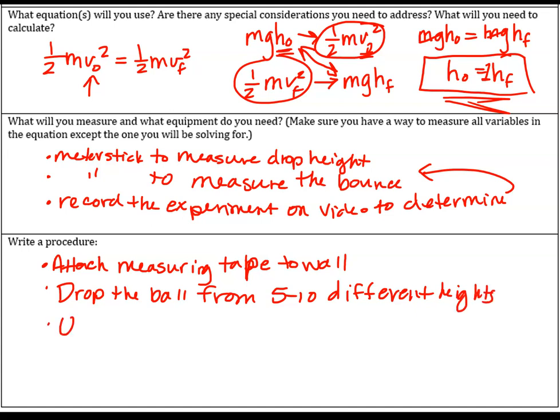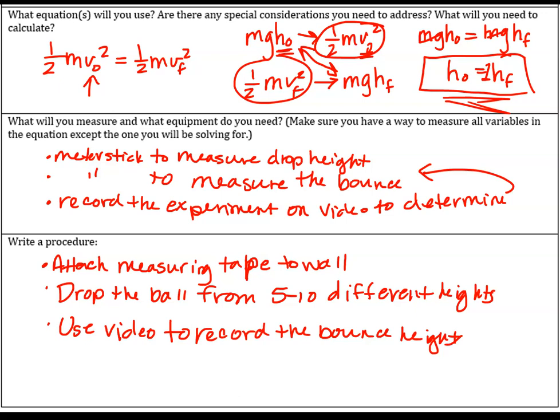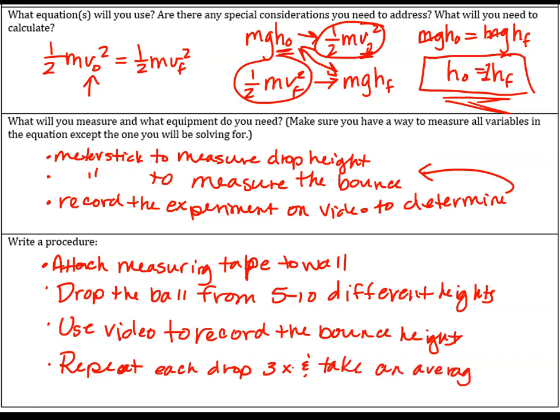And then I'm going to use video to record the bounce heights. And then I'm going to repeat each drop 3 times and take an average of the bounce.